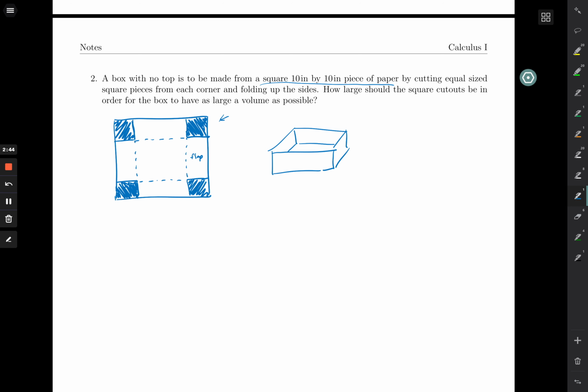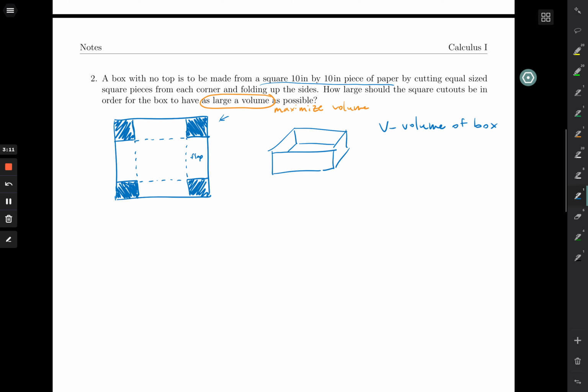So we want to maximize the volume, right? So it does say here, we want as large a volume as possible. That means maximize the volume. And so that is something that we should definitely label with a variable. So we'll use V for the volume of the box.